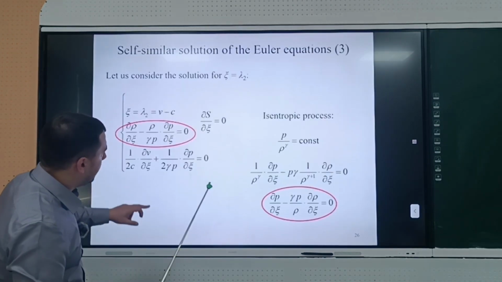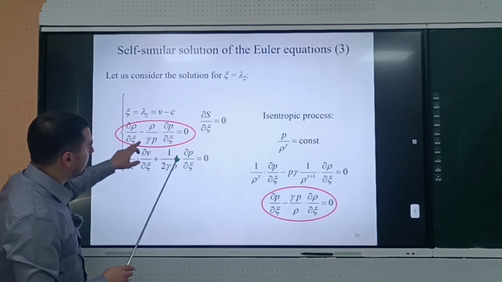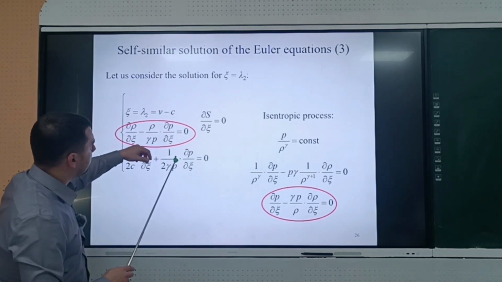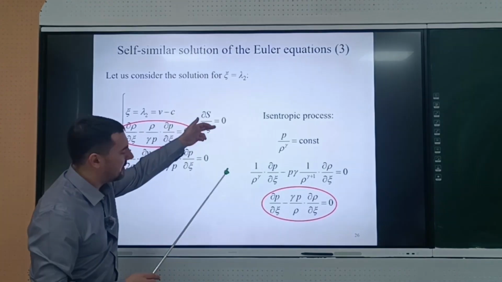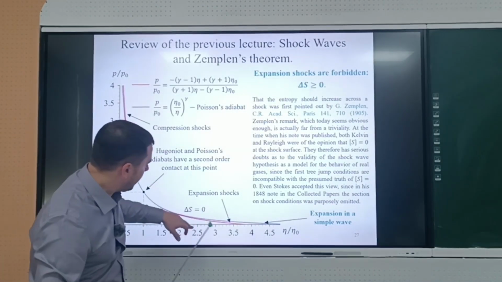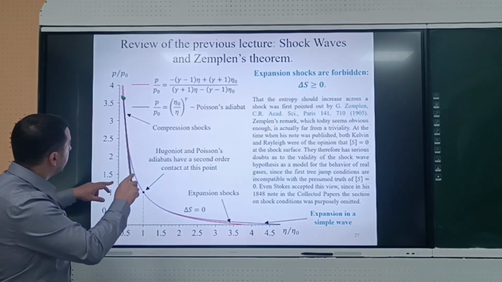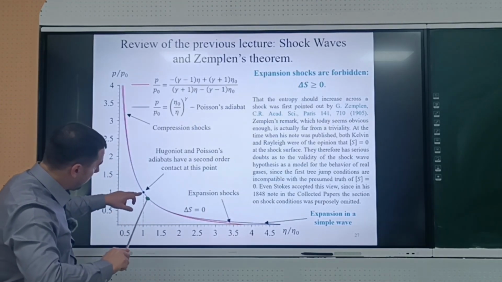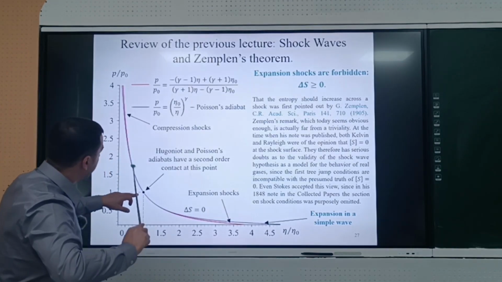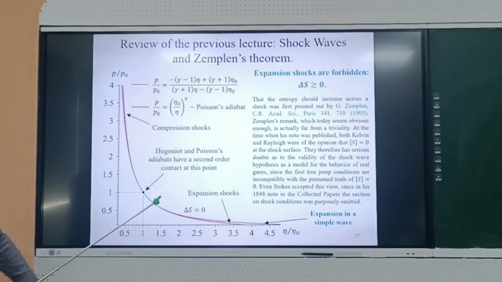So we obtained that the self-similar solution of the Riemann problem corresponds to the solution in which ds over d psi equals 0. But this is the state where ds equals 0.